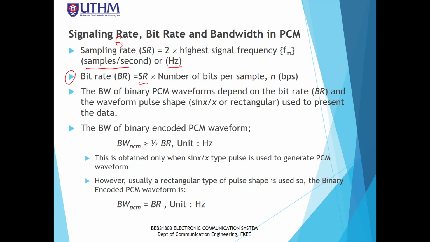Okay, so this is sampling rate is the sample per second, you multiplied with the number of bit per sample. Okay, so what happened is that you will produce the output in terms of bit per second or bps. Okay, this is to show the speed of transmission.